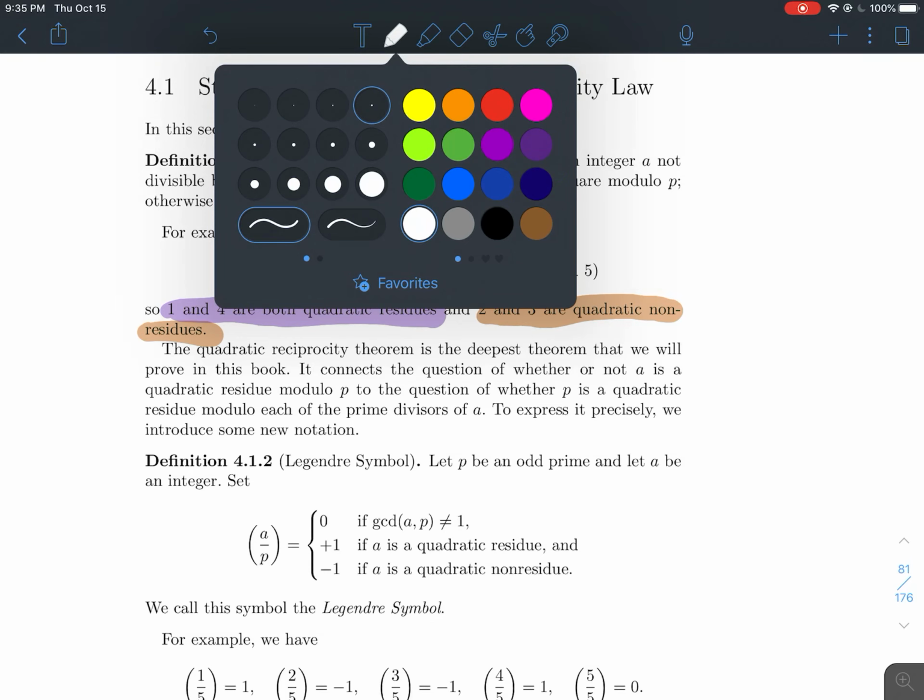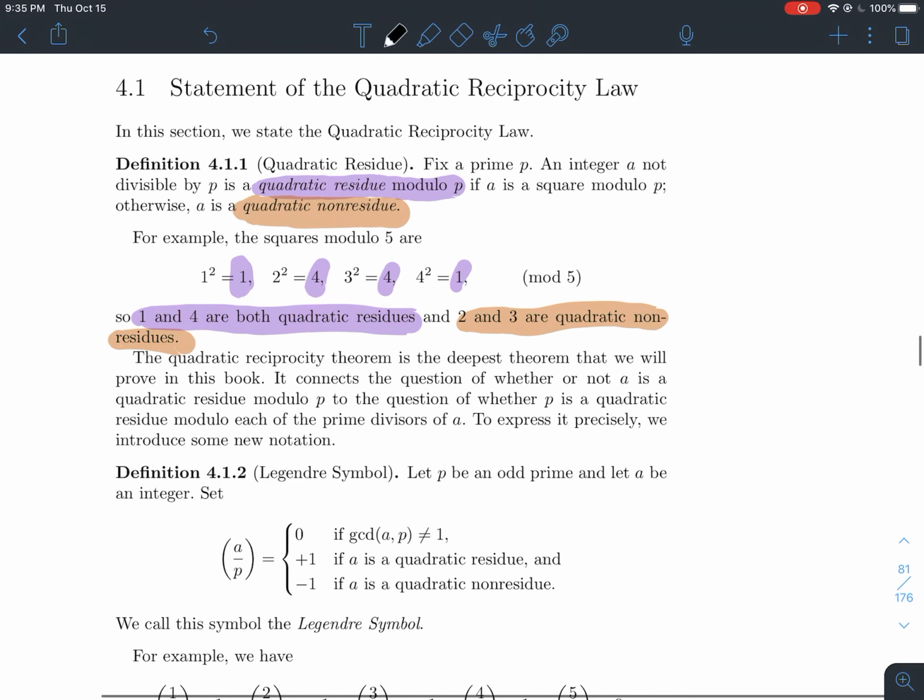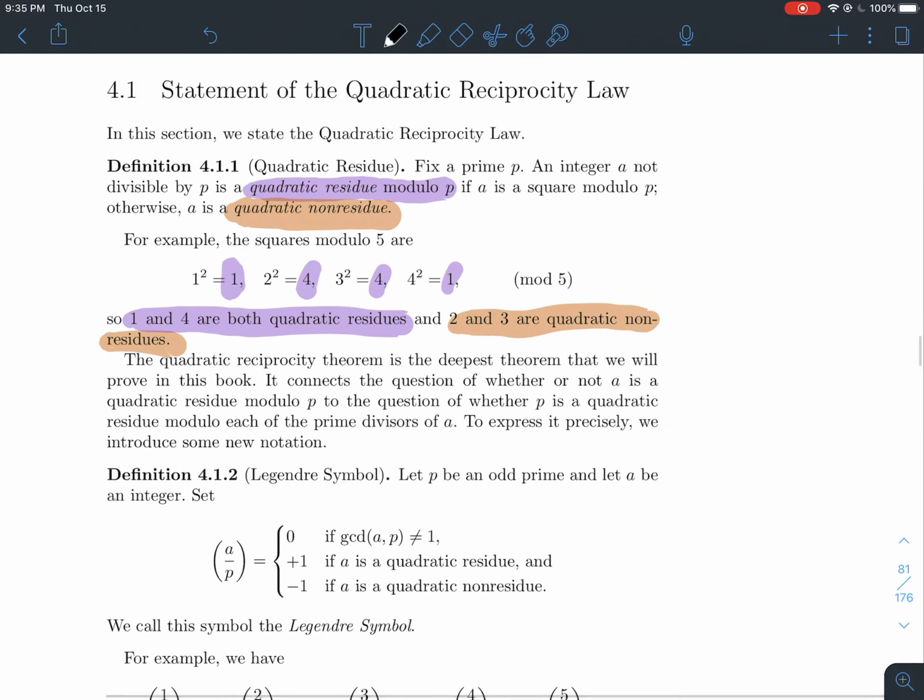Maybe it would be helpful if we did one more, something small. What are the quadratic residues mod 3? Is that easy to do? If I look at 1 squared and 2 squared, what do I get? I just get 1, and when I do 2 squared but reduce it mod 3, I get 1 again.